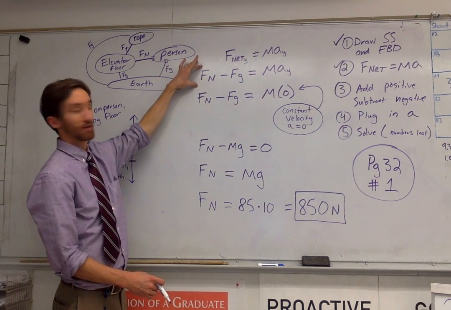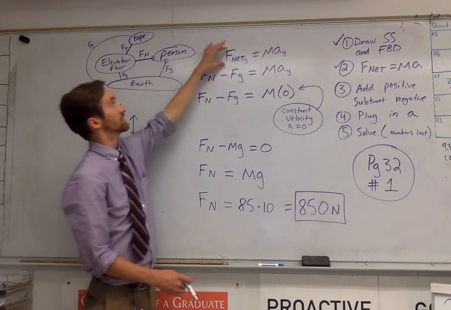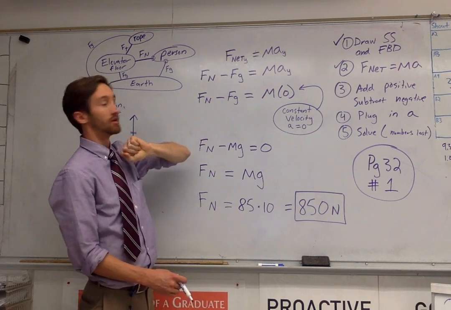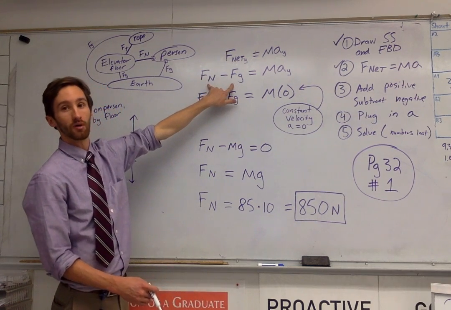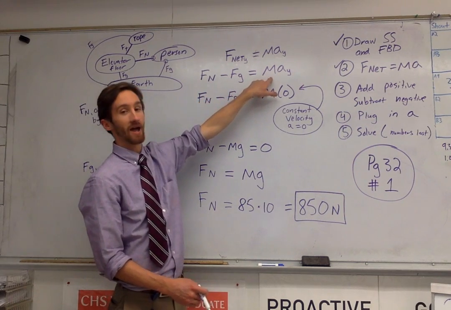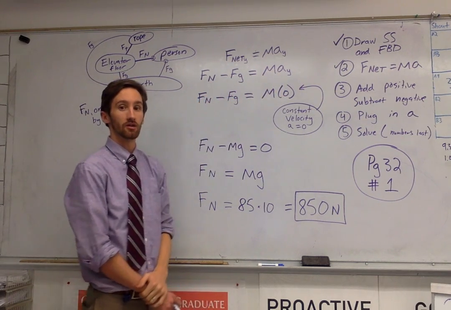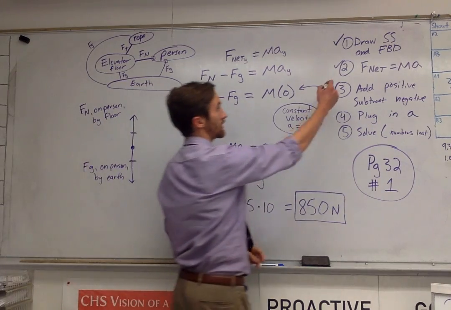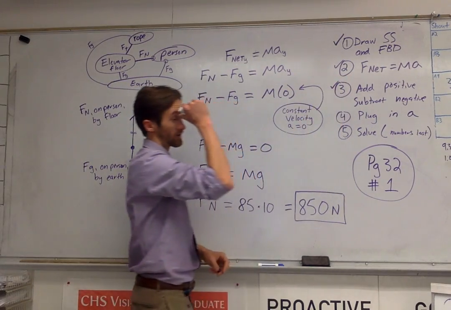Those two together make up our net force. So we take net force out, we put normal minus gravity in. All of that equals mass times acceleration in the y direction.